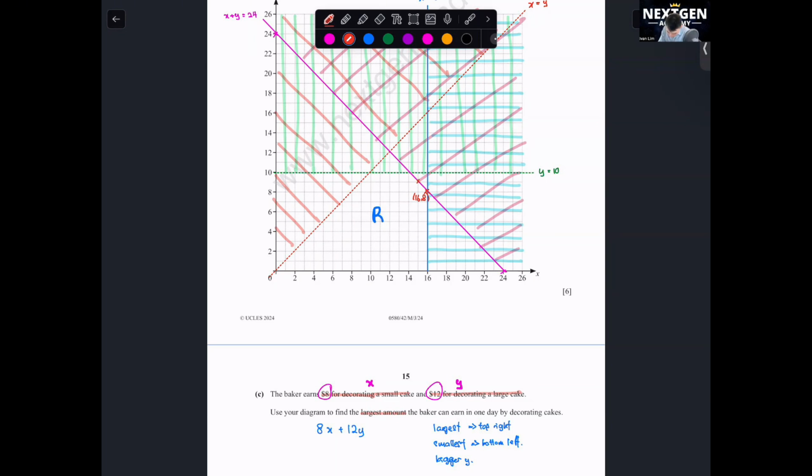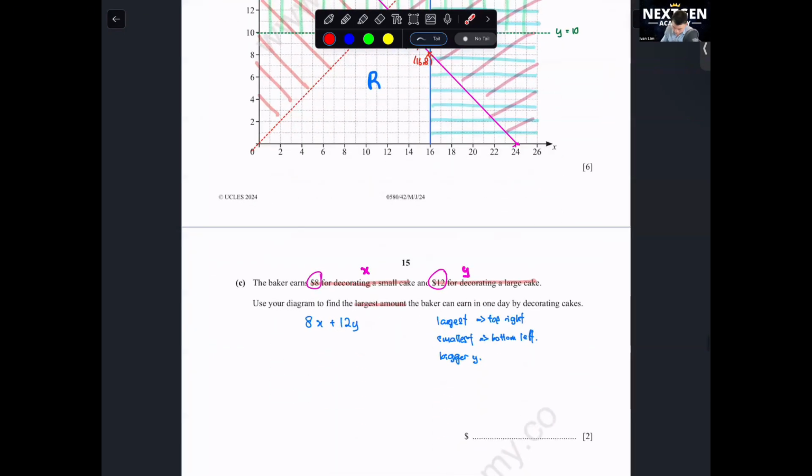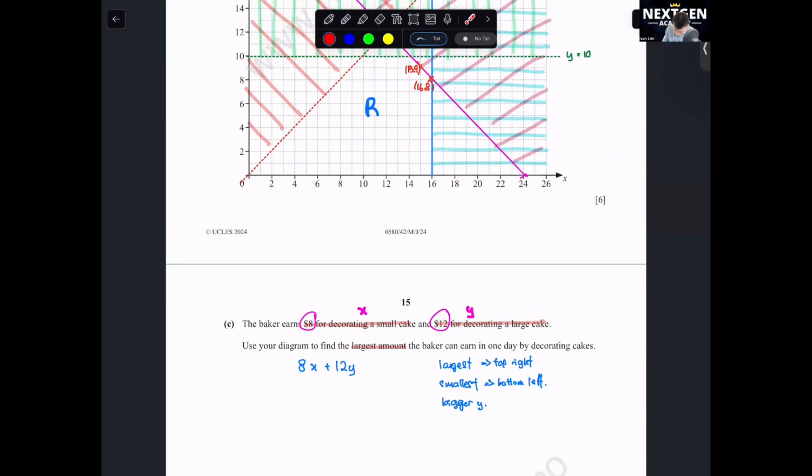Here (15, 9). We cannot take this one here because it is on the dotted line. So which one do you think will be bigger, (15, 9) or (16, 8)? Seems quite close, right? But remember, we want the bigger y value, but we test for both of them.